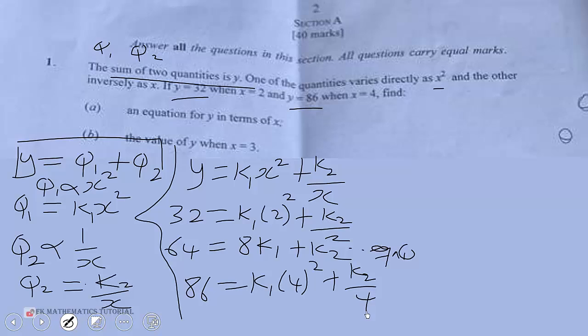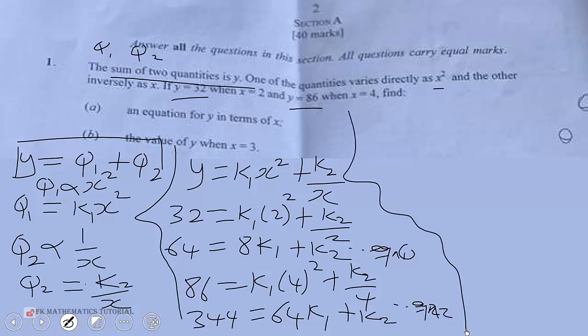Multiplying by 4, 4 times 86 gives us 344. So 344 will be equal to 4 squared is 16 times 4 is 64 k1 plus k2. So we have equation 2 here.